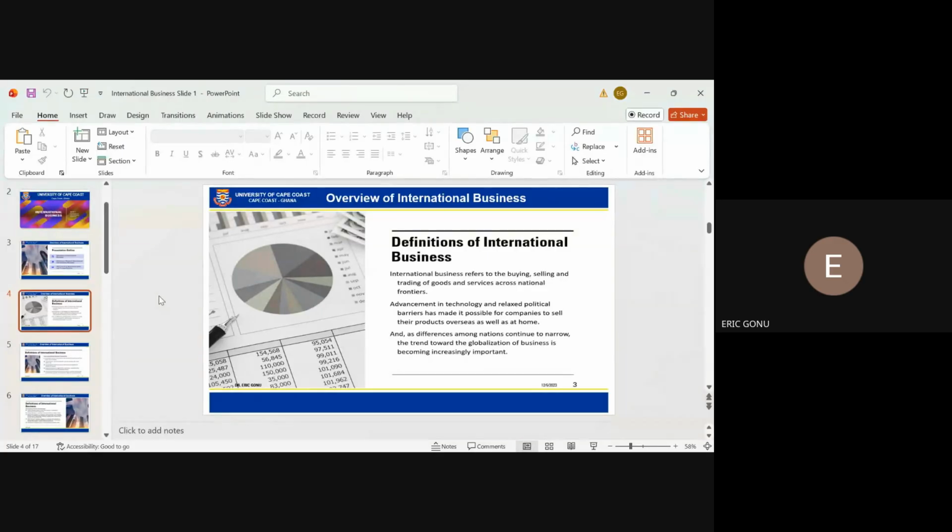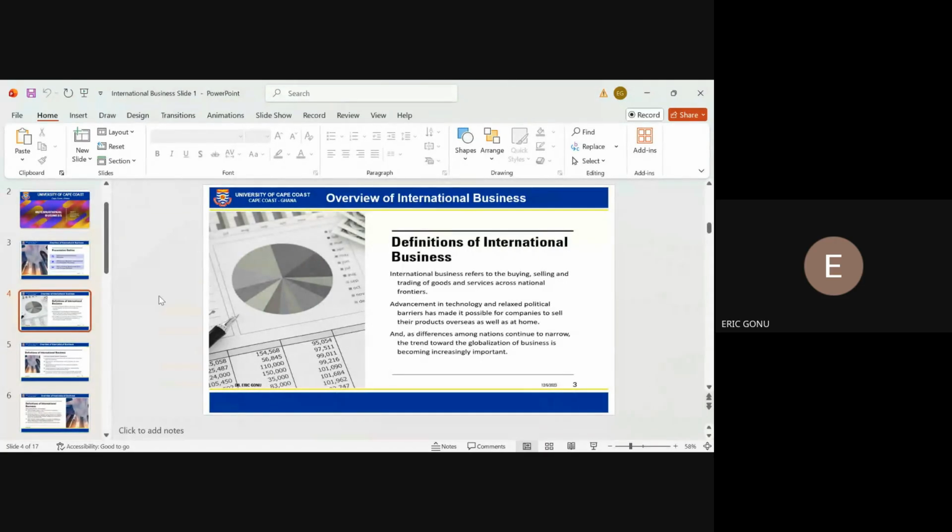Now we are seeing that technology and relaxed political barriers or political restrictions have made it possible for companies to sell their products overseas as well as at home. So now you can be in Ghana here, shop from China, and items will be shipped to you from South Africa, from the US, from anywhere, because of advances in technology and because political barriers have been relaxed.